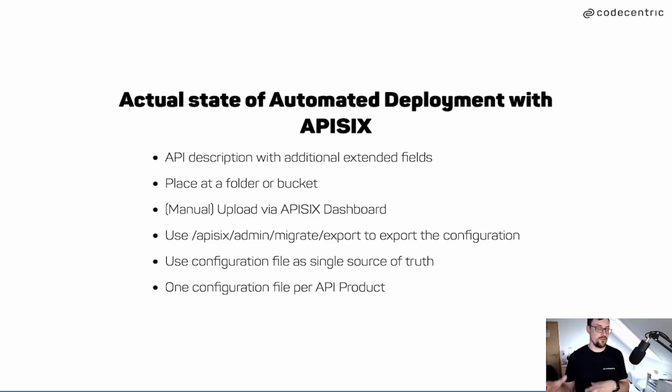When we have different zones or anything like that, we have one configuration file per API product to make it easier, if there is anything that has to be imported again, that it really fits the API product we created so far. So that's the actual state of automated deployment with APISIX.